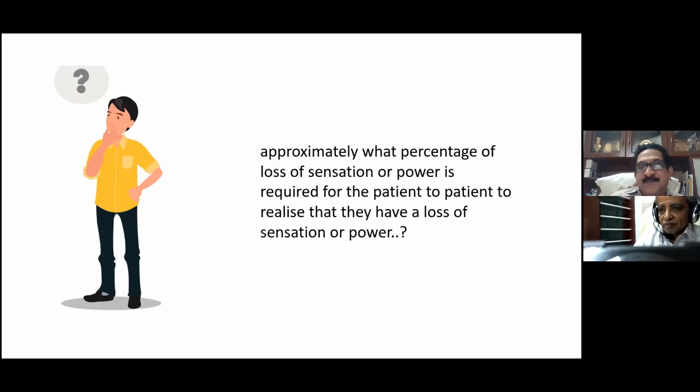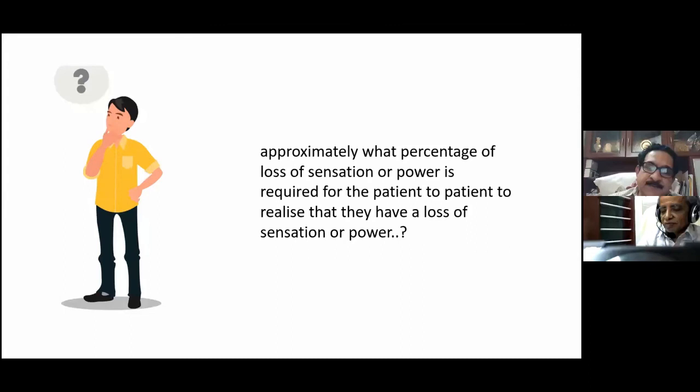The third question is: approximately what percentage of loss of sensation or power is required for the patient to realize that they have loss of sensation or power? For power, more than 50% of the anterior horn cells must be lost. In other words, you have 100 anterior horn cells, and you can have normal power with the remaining 50%. But in the case of sensory, it depends upon the type of fiber affected.